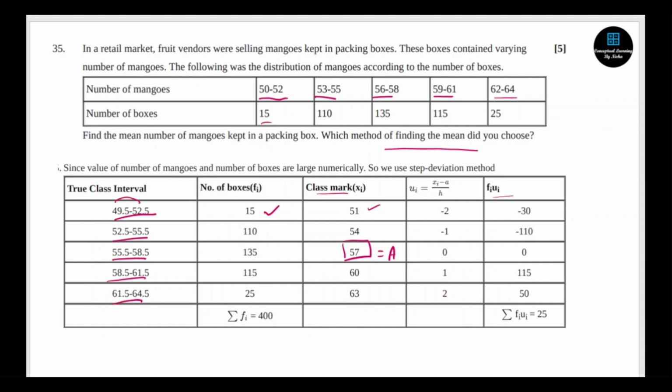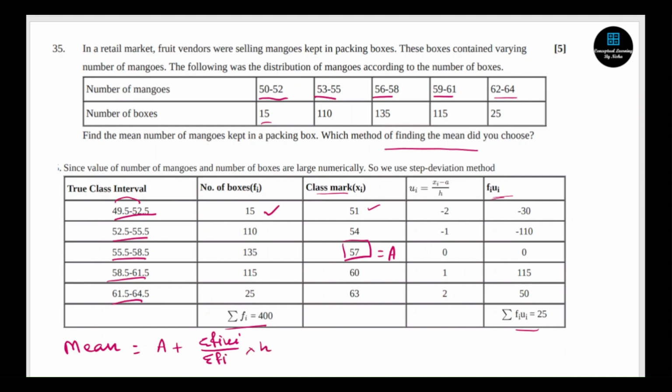Then we have to find the last column, which is fiui, and then you add all of them to get sigma fiui and sigma fi. Once you get that, you write the formula: mean equals assumed mean plus sigma fiui upon sigma fi into h, correct?